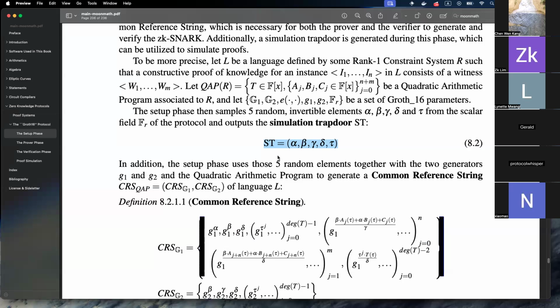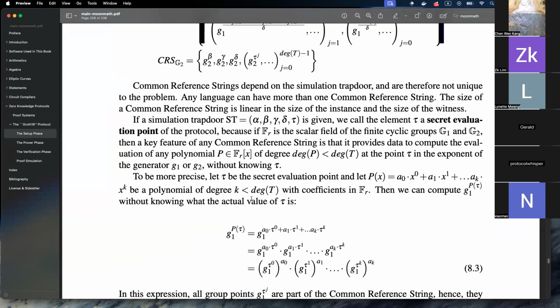In that case, as long as one of the parties disposes of their part of the secret, it's secure. So there is a sense of trust in here, which is why it's called a trusted setup.